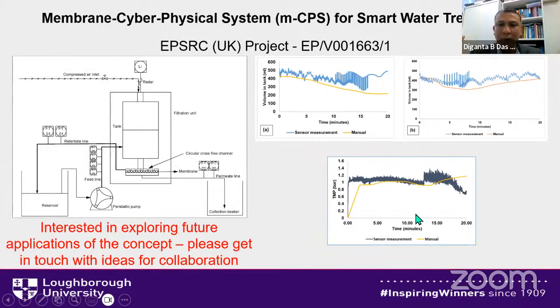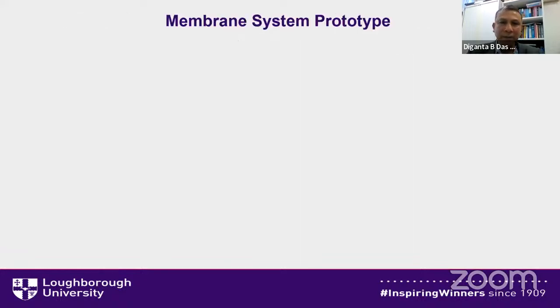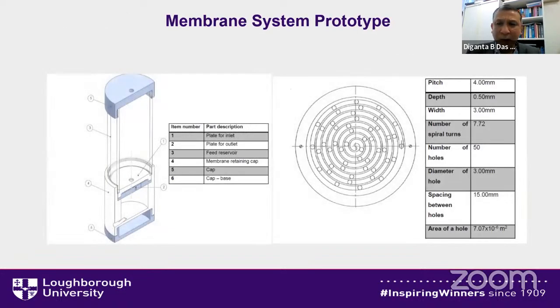What we are aiming to achieve is a steady state flux, which provides us a continuous filtration from the system. That was an experimental rig. And once we have understood the system, we can develop prototypes for actual field implementation.